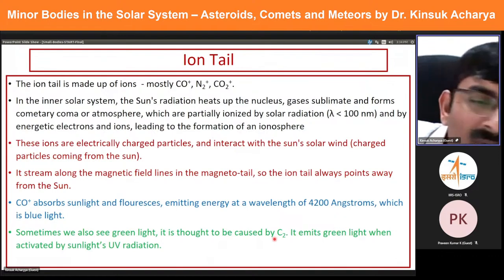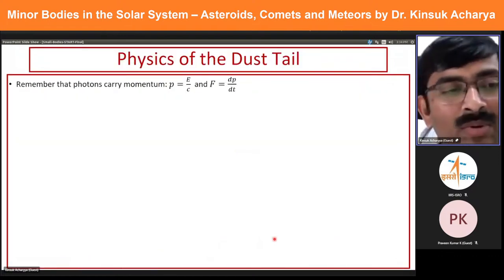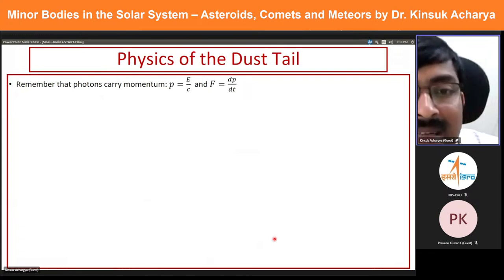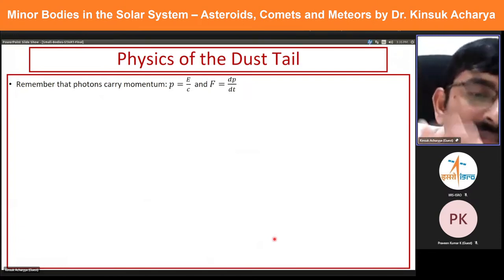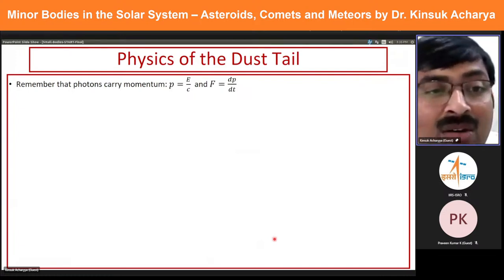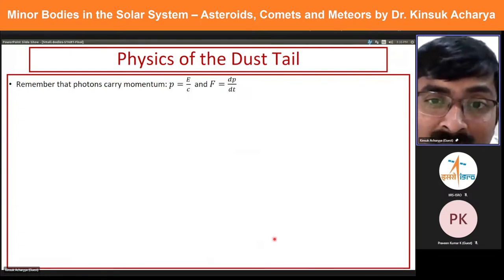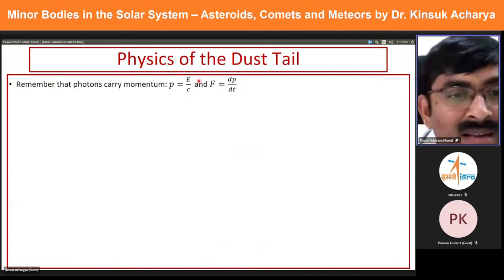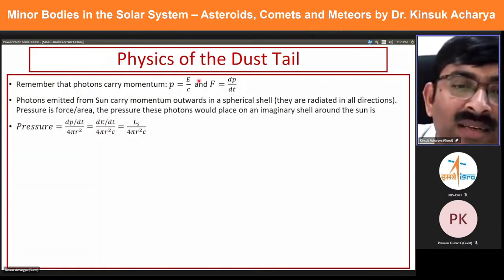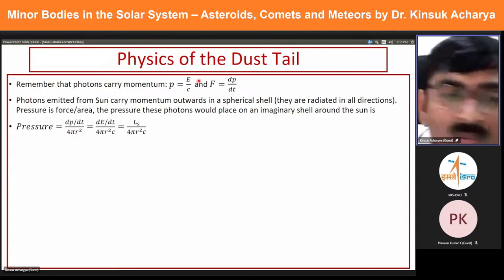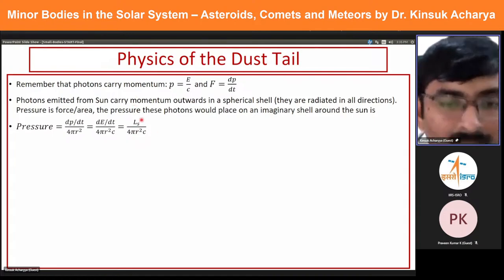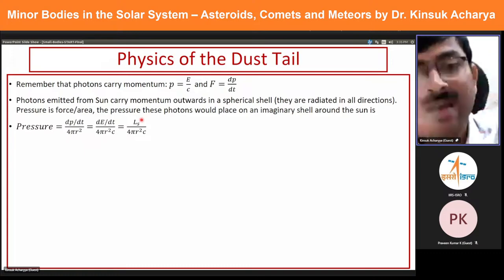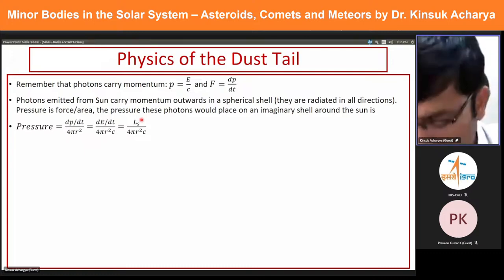Now let us do a little bit of mathematics here. As I was telling, this is how dust tails are formed. You know that solar photons carry momentum, right? You can calculate this momentum as energy divided by c, and then you can calculate the force, the rate of change of momentum, and finally the pressure by dividing by the area being swept.